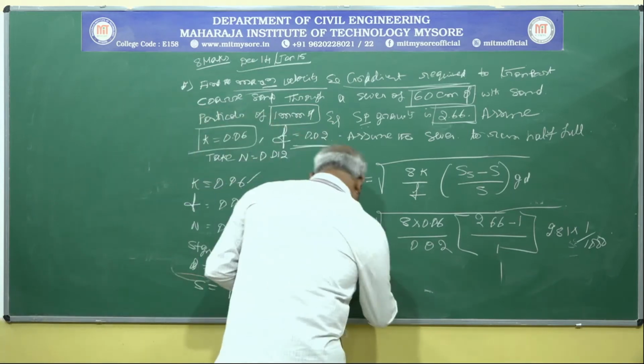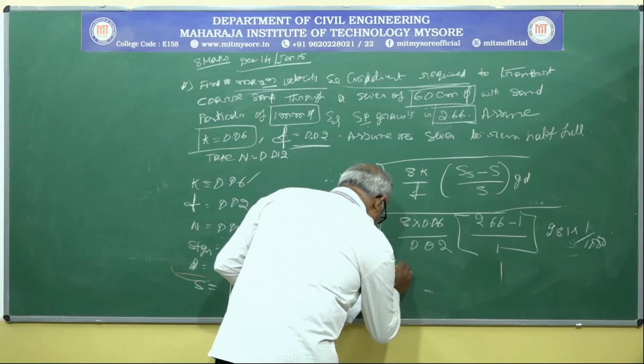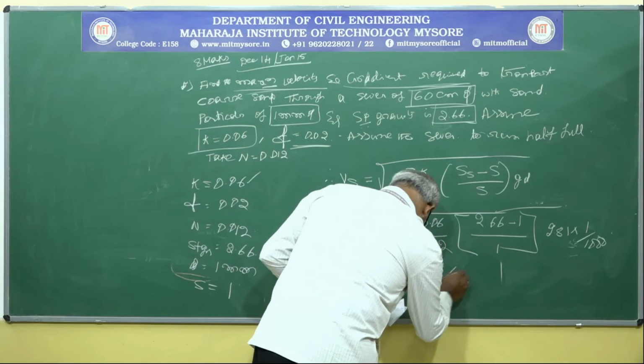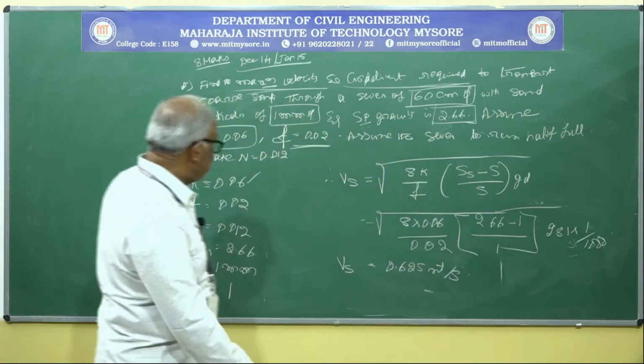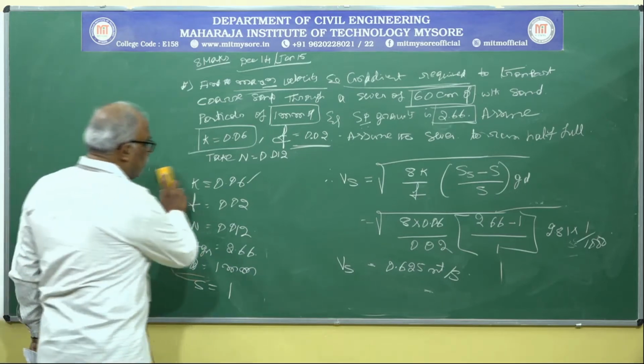Finally we get the value of V suffix s equals 0.2625 meter per second. Only one step we need for this.